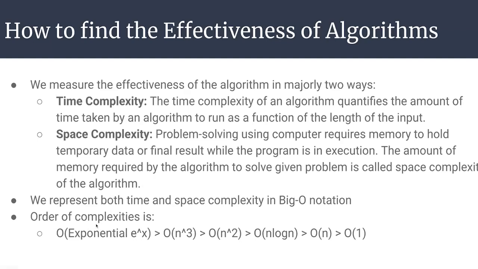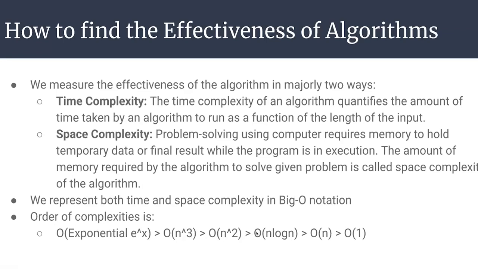The order of complexity of exponential is much bigger than any of the polynomial time complexities, right? So exponential has time complexity greater than any polynomial, then n cube, and before n cube there is n to the power 4, n to the power 5, and so on, and n to the power 2.